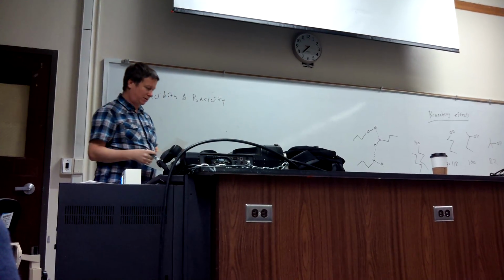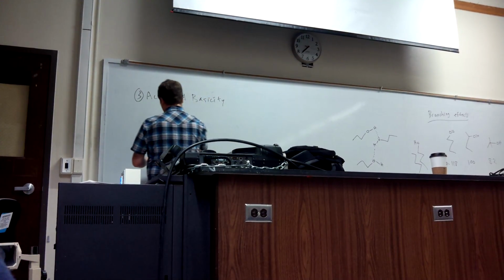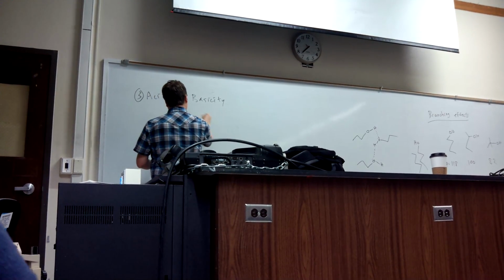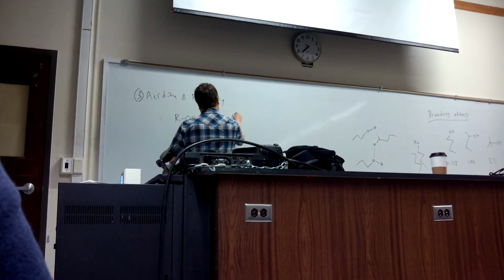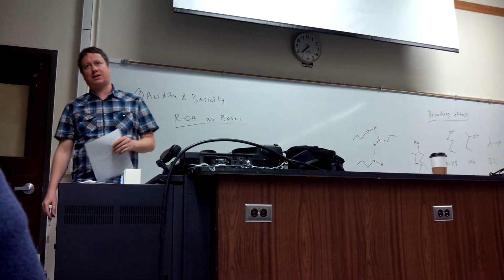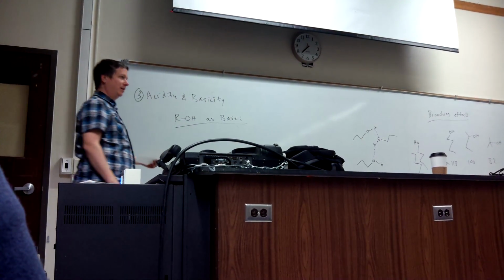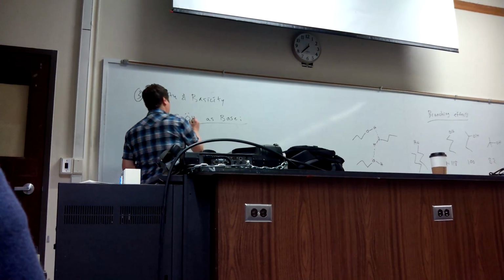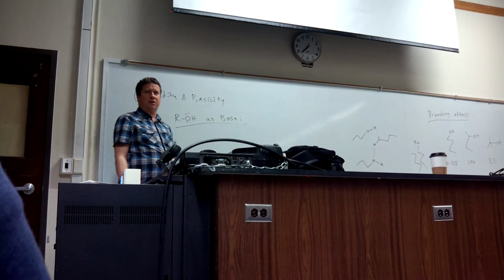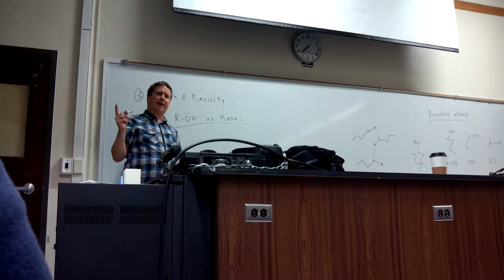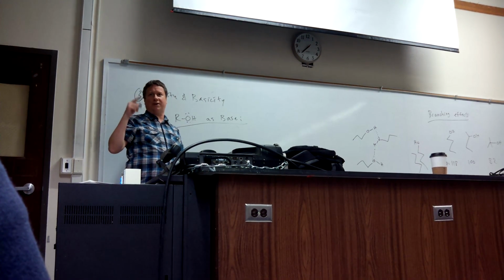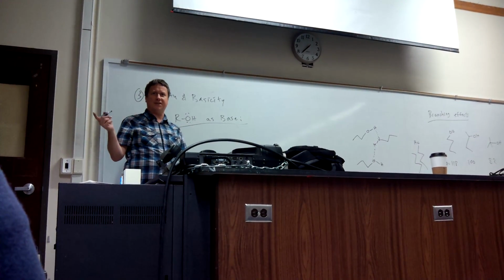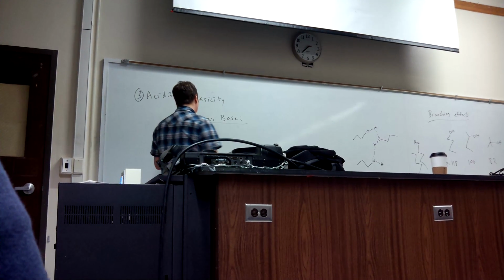Acidity, basicity. So alcohols can be basic and they can be acidic. They have lone pairs, and they also have protons. And so the lone pair can act as a base, or it can donate its proton and be an acid. So it's kind of a dual role there.